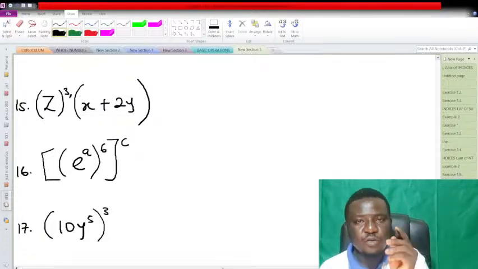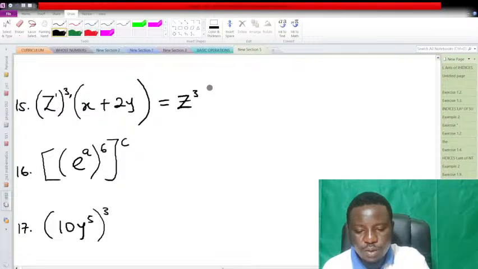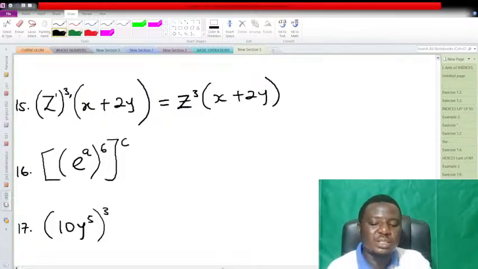If it is still confusing to you, this is what you will get, Sarah. This will be equal to z cube times x plus 2y. Okay? Since we are required to give our answers in index form, I think this is what you will do.